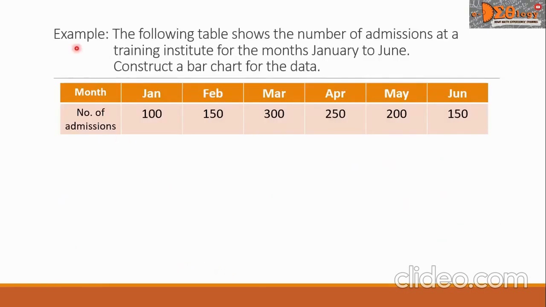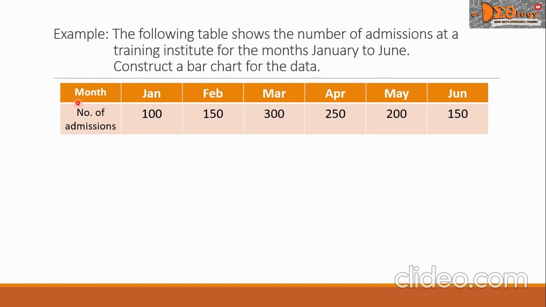Let's have an example. The following table shows the number of admissions at a training institute for the months January to June. Construct a bar chart for the data. We have a table here with two rows.